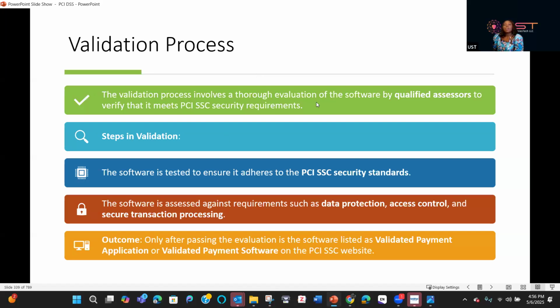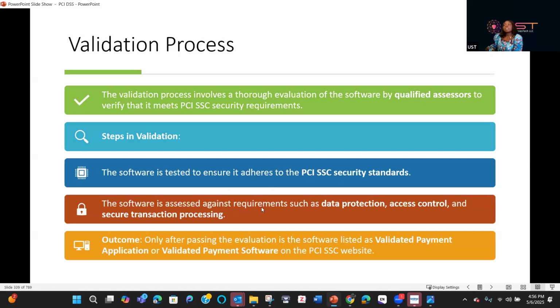Then talking about the validation process, how does it really work? This process involves a thorough evaluation or assessment of the software by a qualified security assessor, QSA, to verify that it meets PCI SSC security requirements. But what are the steps involved in carrying out this validation? First, the software is tested to ensure that it adheres to the PCI SSC security standard.